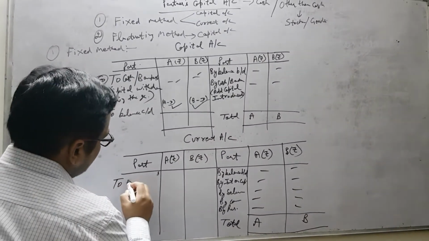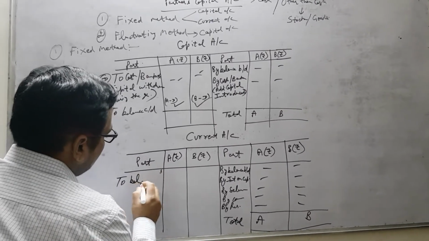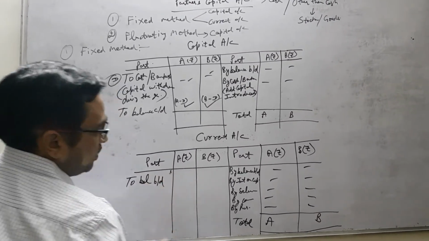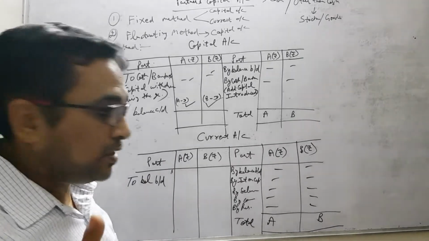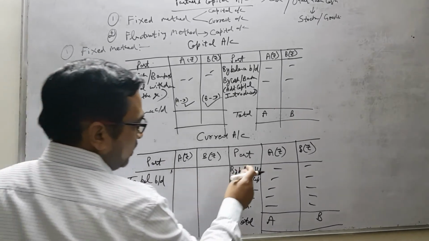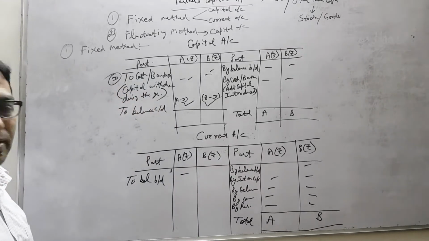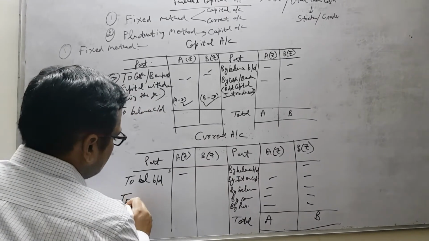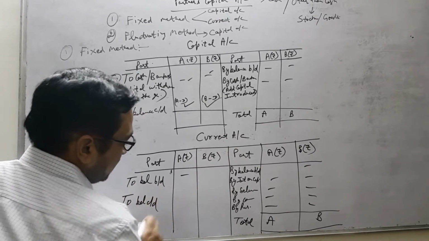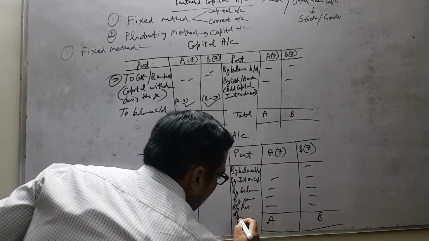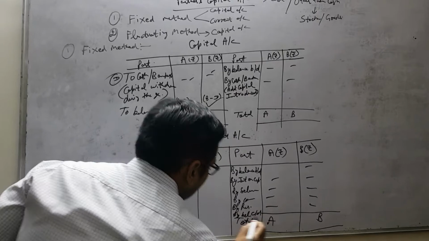So for example, there is every possibility any partner may have a debit current account. So suppose in this case A may have a debit current account, so it will appear here. So again last to balance carried down, यहाँ पे भी आएगा फिर balance carried down. किसका आएगा?